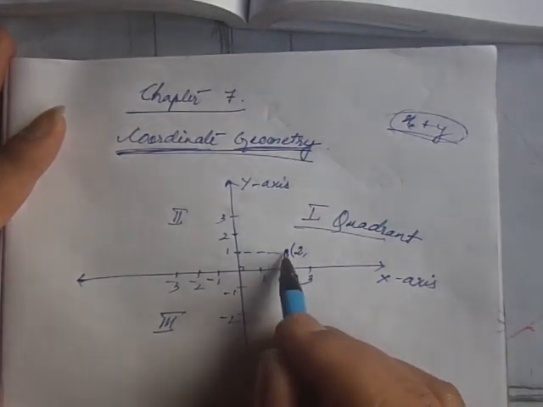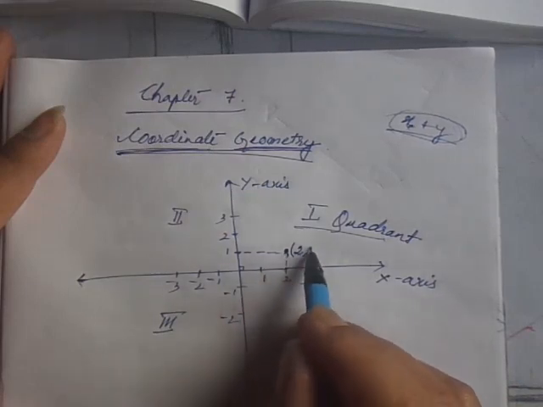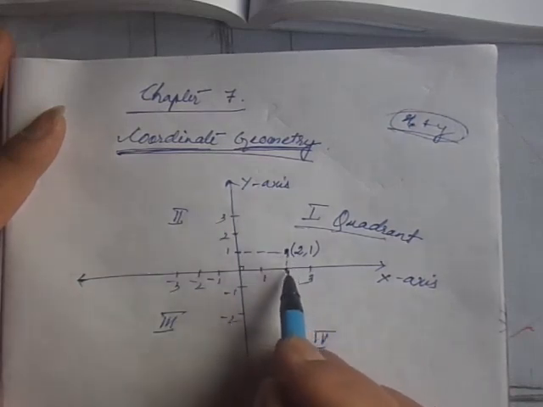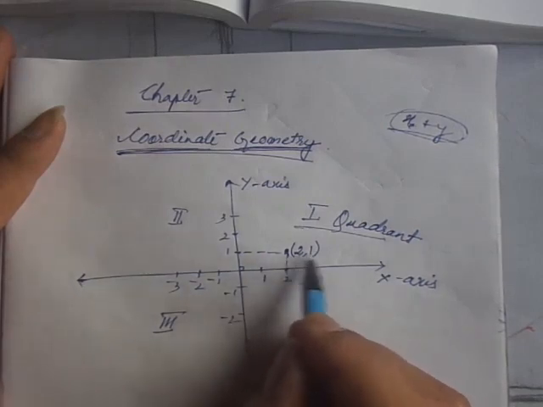And the distance of this point from the x-axis is 1. The distance of this point from the y-axis is 2. The distance of this point from the x-axis is 1. So here we have a pair of numbers. This pair of numbers we call coordinates.